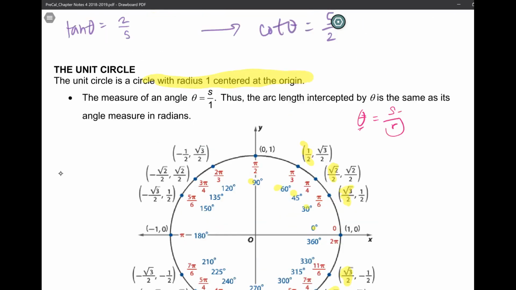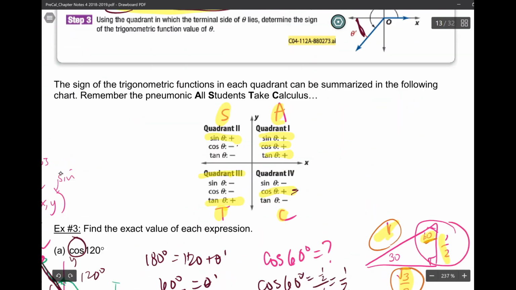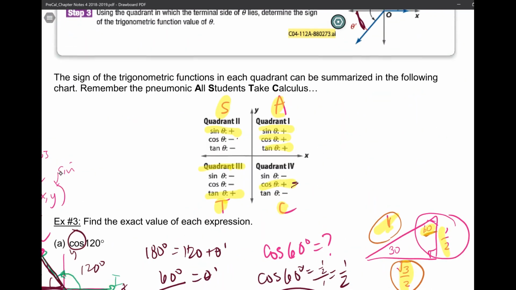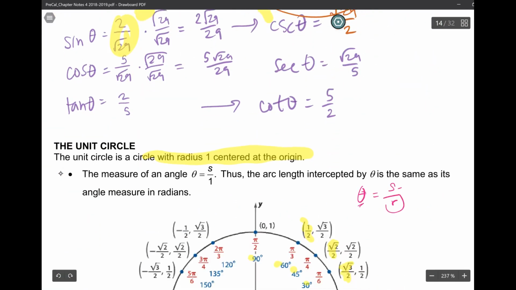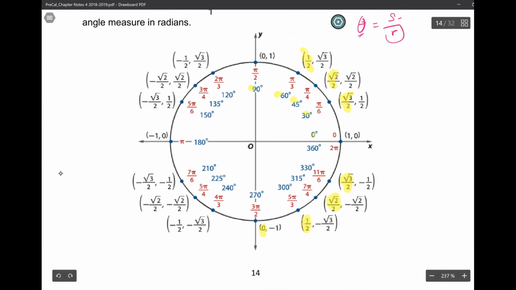So that's what I was alluding to up here with all students take calculus. All of the numbers, the numbery part, are going to be the same everywhere. It's going to be the signs that flip. So here you see we have a positive value. Over here it's positive because this is the y value, but then on the bottom you see it turns into negatives.